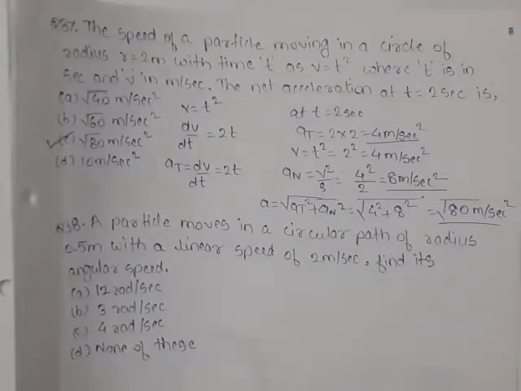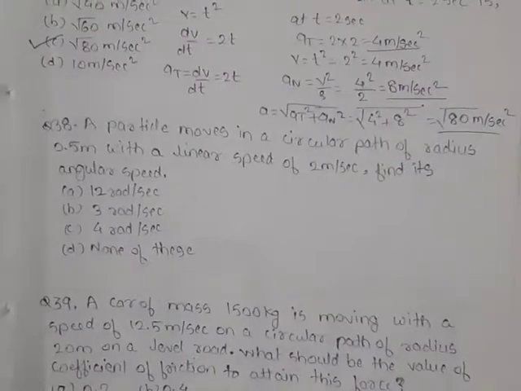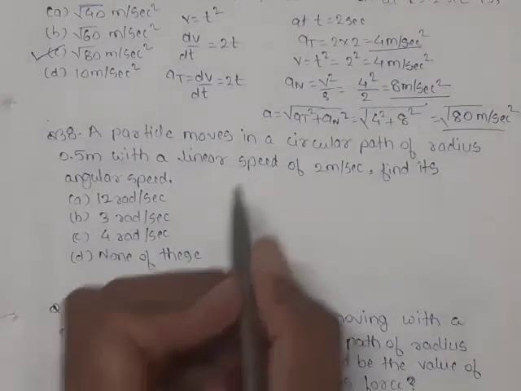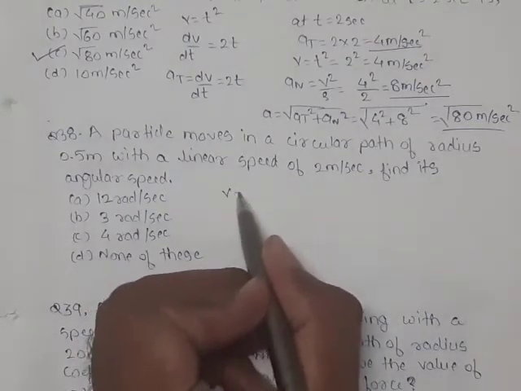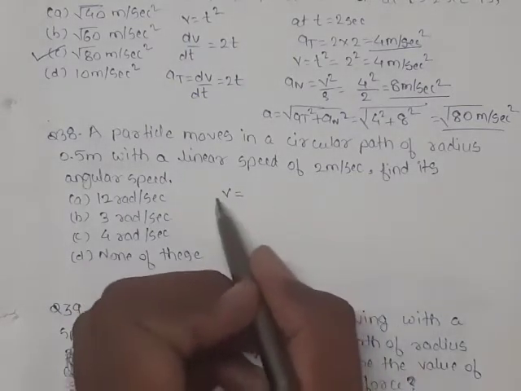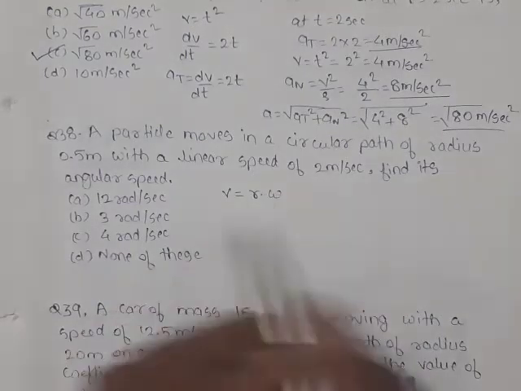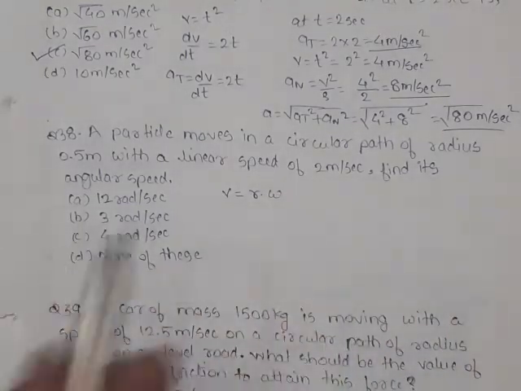Now question 38. A particle moves in a circular path of radius 0.5 meter with a linear speed of 2 meter per second. Find its angular speed. Now we are familiar with the relationship between linear velocity and angular velocity. Linear velocity v is equal to r omega, where omega is the angular velocity or angular speed.